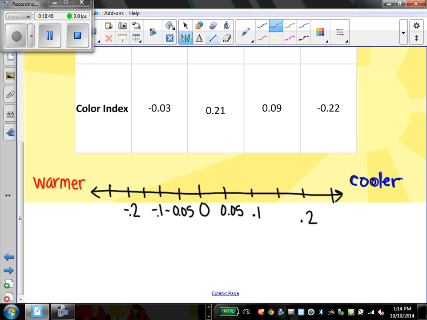So first, let's begin placing our values on the number line. So negative 0.03 is in between 0 and negative 0.05. It's a little over halfway, so negative 0.03. Then we have 0.21, so we're going to go to the 0.2, and then it's just a little bit further there.